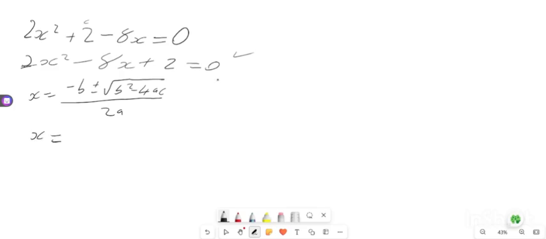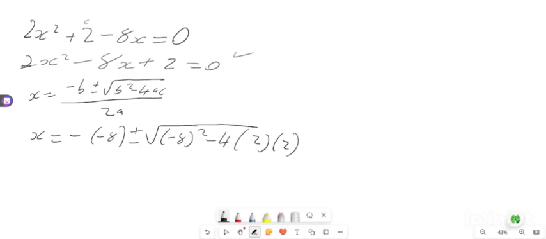So x equals, let's substitute: minus b, b is minus 8. Don't forget the sign, there is the minus from the formula and the minus from the 8. Don't make that mistake. Then minus 8 squared minus 4, a is 2, c is 2, all over 2a, a is 2.